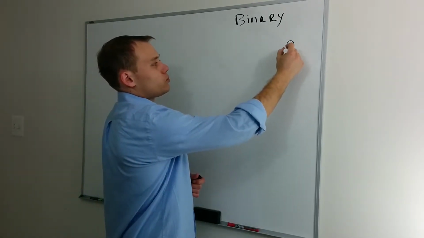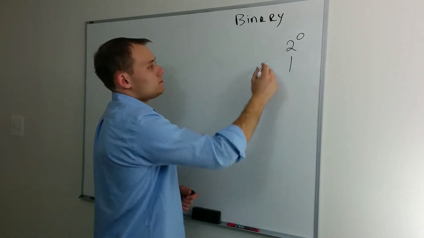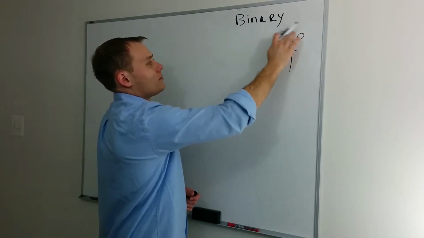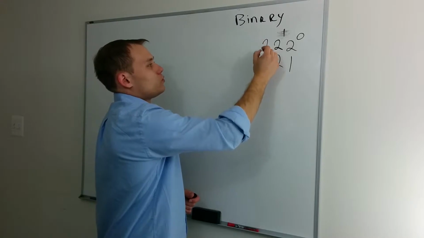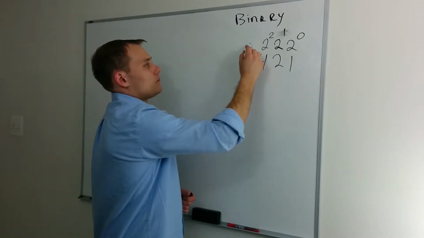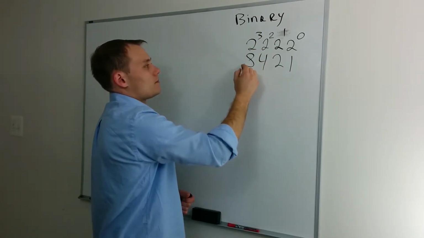So at first we have 2 to the power of 0. It equals 1. Then we have 2 to the power of 1, I'm sorry, and that equals 2. Then we have 2 to the power of 2, which equals 4. Then we have 2 to the power of 3, which equals 8.